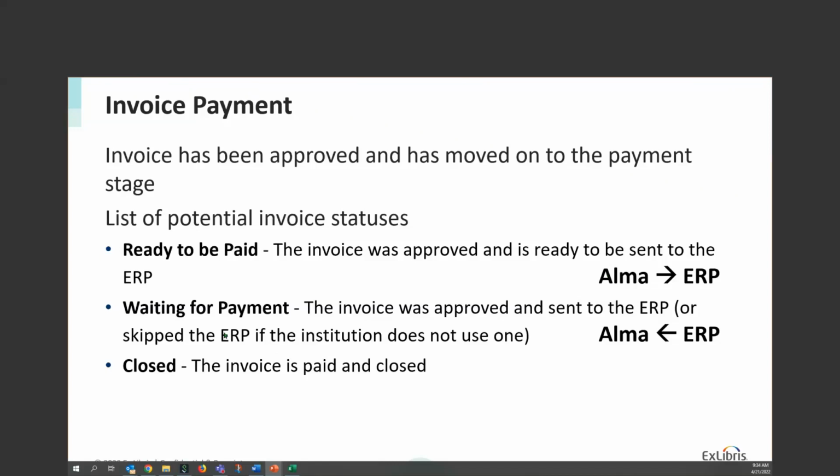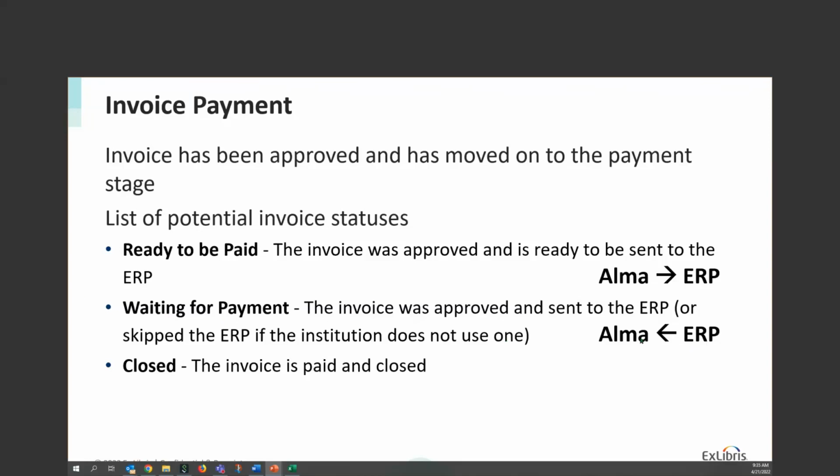Now, my environment that I'm working with, it's set to skip this. So mine is configured to skip this and go straight to waiting for payment. When an invoice is in the waiting for payment status, Alma thinks it's been approved and sent to the ERP, or skipped, like we do.